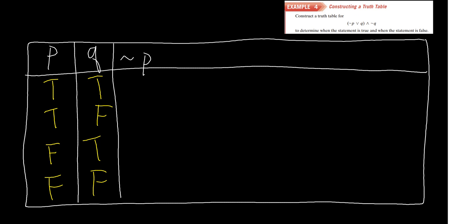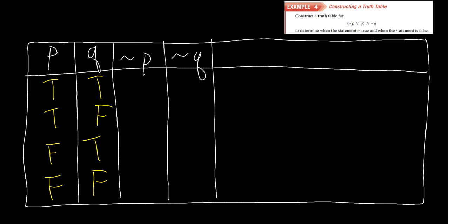So we have a not P and we have the not Q. Okay. So not P is, again, just going to be the opposite of P. So instead of true, true, false, false, we're going to have false, false, true, true. And then the opposite of Q is going to be false, true, false, true.